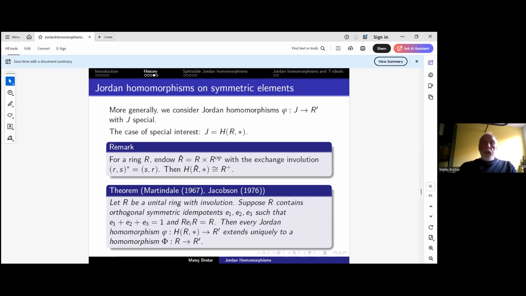The original version, due to Martindale and then extended by Jacobson, shows that if we have a ring with three orthogonal symmetric idempotents whose sum is 1 and each of them is full, meaning the ideal generated by this idempotent is the whole ring, then Jordan homomorphisms from symmetric elements can be extended to homomorphisms.